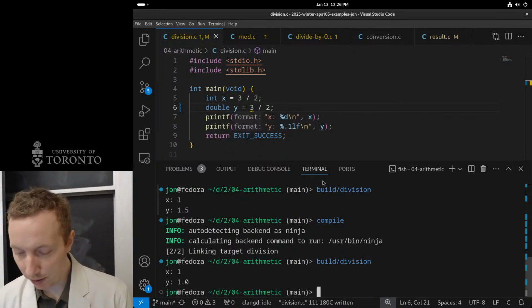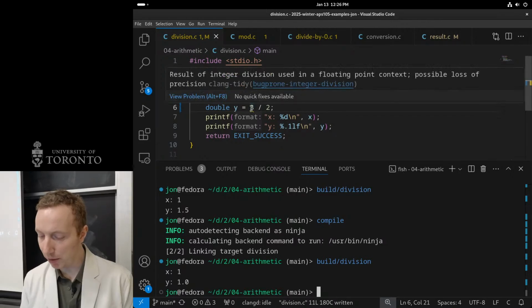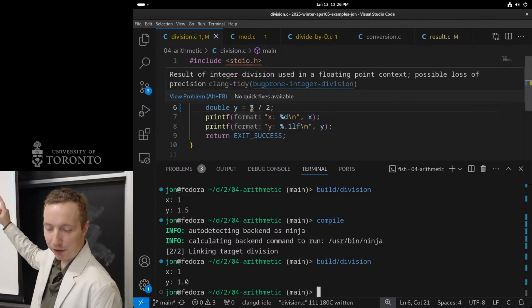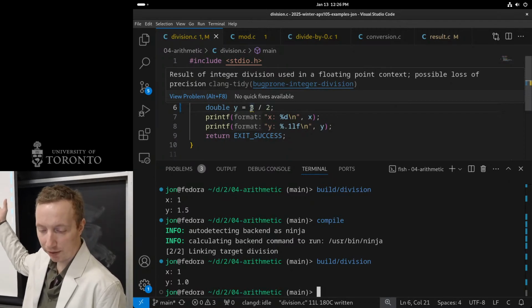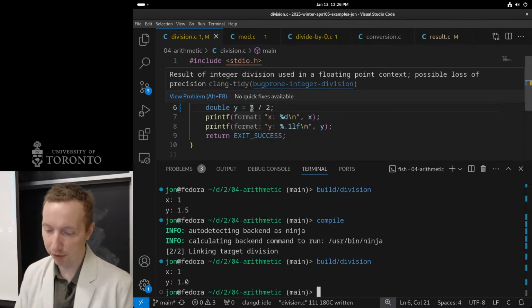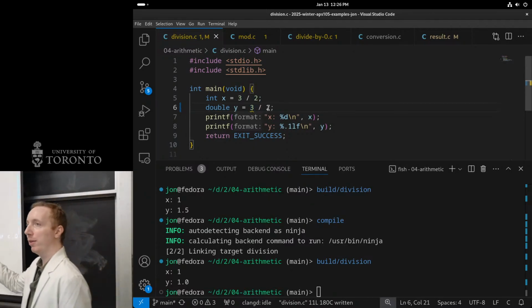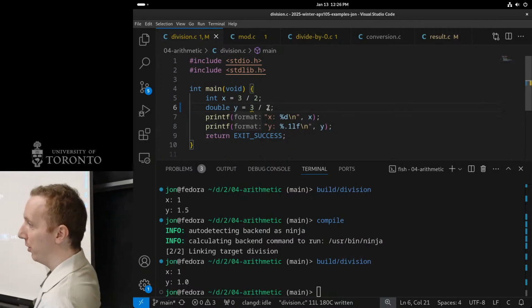Why? Well, what my compiler is trying to tell me is it says the result of an integer division is used in a floating point context, possible loss of precision. So what's actually happening here is this is 3 divide 2. Both arguments are an integer, so it's going to do integer division.